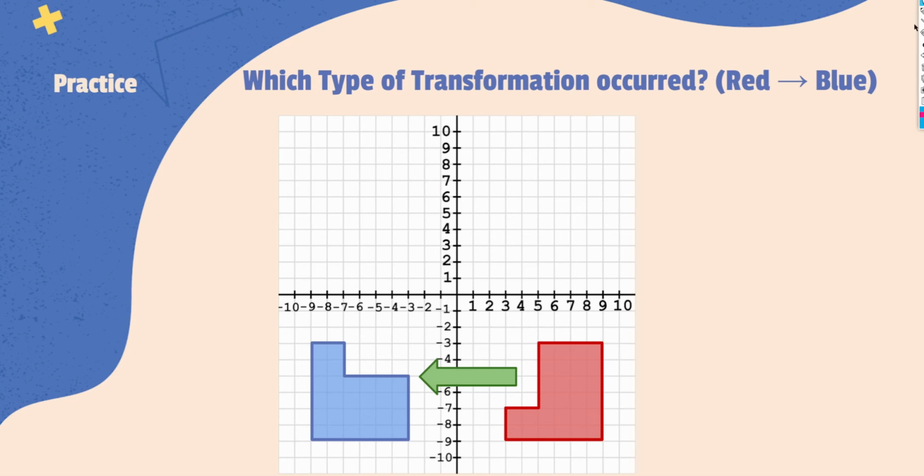This one's a little tricky, but let's just break it down. If it was a translation, I would expect to grab the shape and move it over, right? And it would still kind of look something like this. It doesn't have that shape, so it's not a translation. If it were a dilation, it would be getting bigger and staying in this general area. It's not getting bigger or smaller, so it's not a dilation.